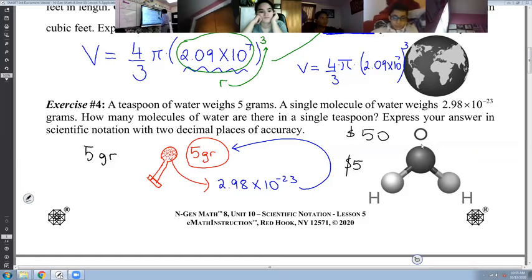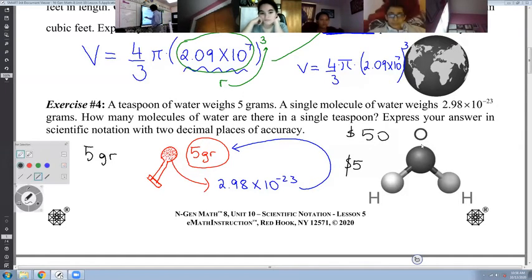How many $5 bills do you have to make $50? You have in total $50 in your pocket, okay? But each bill is just $5. How many $5 bills should you have?